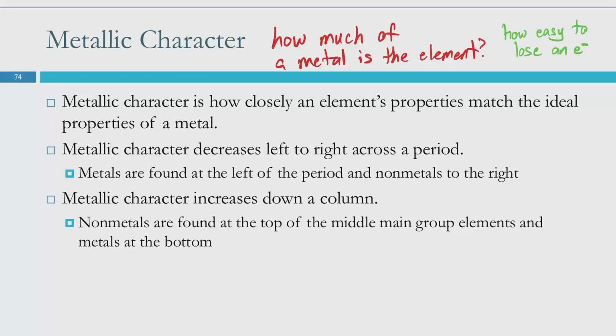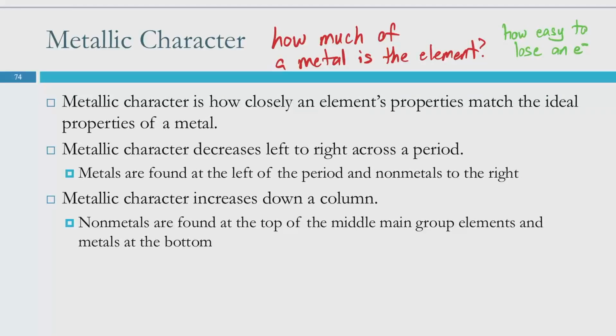We can also, if we just think about where are the metals on the periodic table, where are the nonmetals on the periodic table? They tend to live on the right side, things like fluorine, chlorine, oxygen, bromine, nonmetals. In contrast, our metals live on the left side of the periodic table. So I think it makes sense, right? Nonmetals are on the right side, metals are on the left side. So as you move left to right, you become more metallic.